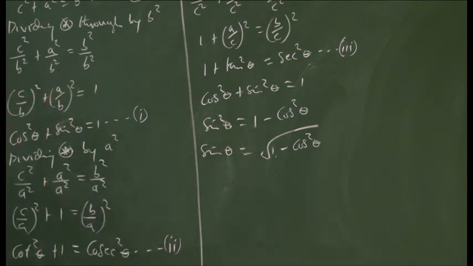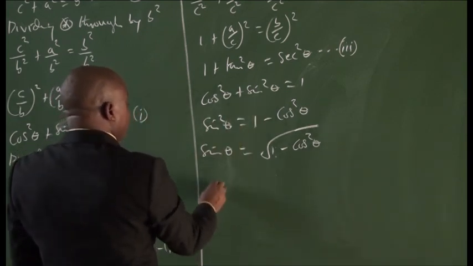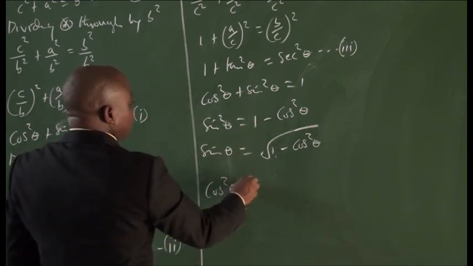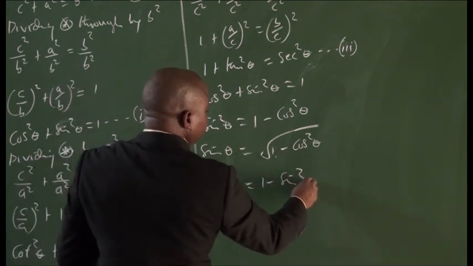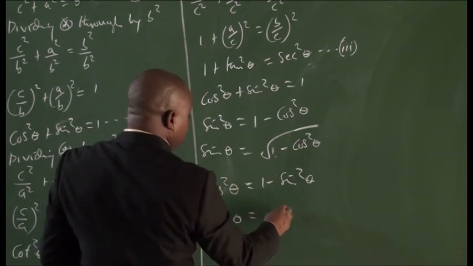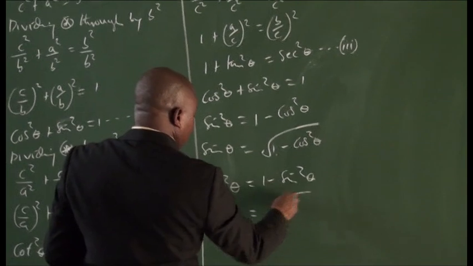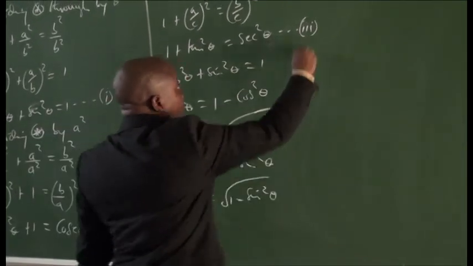Right? Okay. Then the same thing happens if I want to express cos too, I can also do that. Cos square theta equal 1 minus sine square theta, which means cos theta is the square root of 1 minus sine square theta.